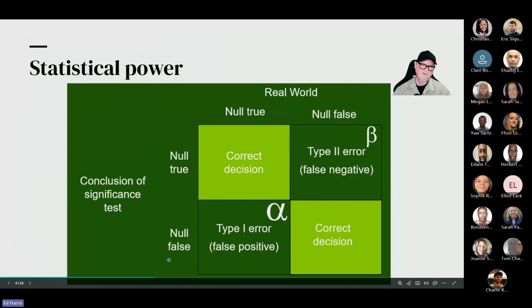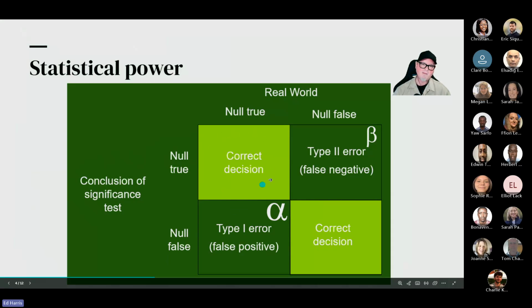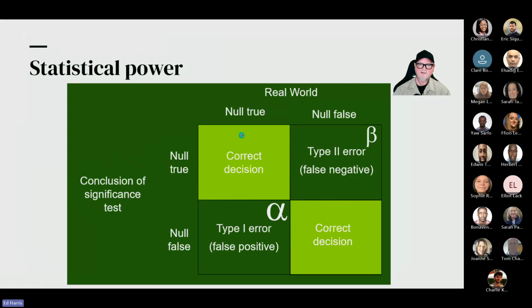Well, this leads to four different possible combinations of outcomes. Up here in this upper left corner, where in the real world the null is true and you conclude the null is true, you've made a correct decision. Your conclusion matches the reality of the real world. Down here, you're wrong. Nobody wants to be in this square, but you are correct that you were wrong.